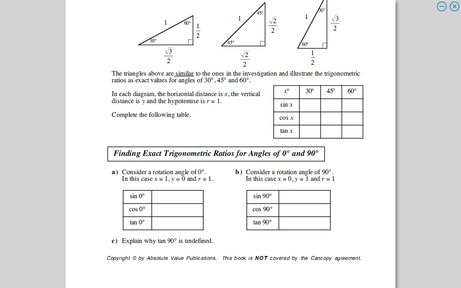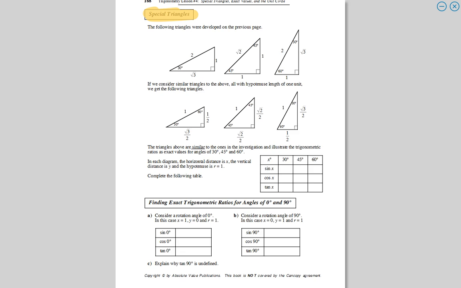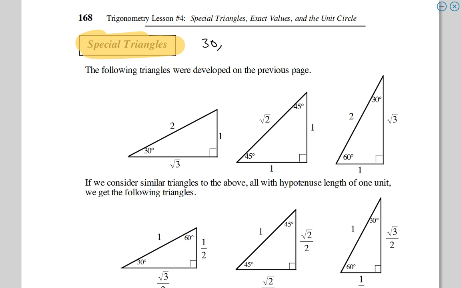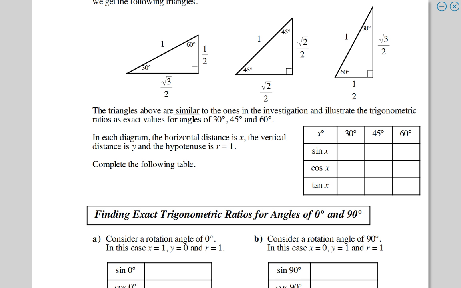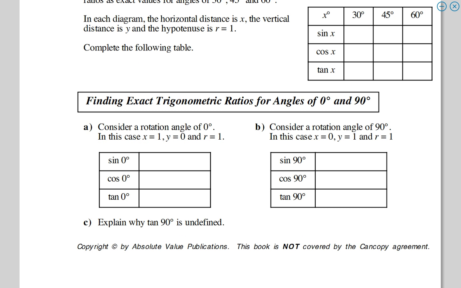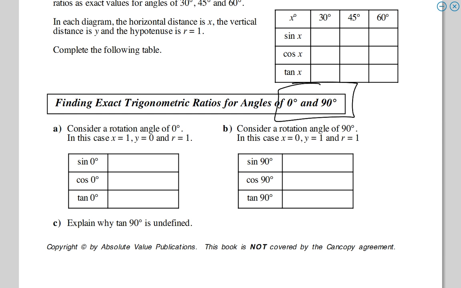What you can do, okay, we can't move on quite yet. We got to first do 0 and 90. Okay, so the special triangles they gave us are 30, 45, and 60. That's what the special triangles gave us. Now we go down into the 0 and the 90.